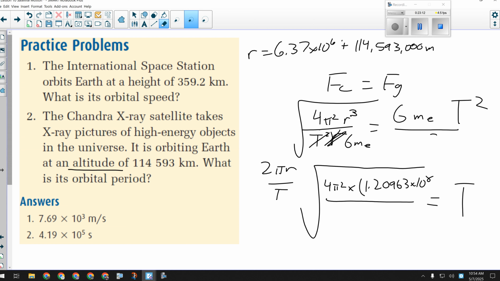And that has to be cubed, over 6.67 times 10 to the minus 11 times the mass of the Earth, because that's what it orbits, times 10 to the 24.